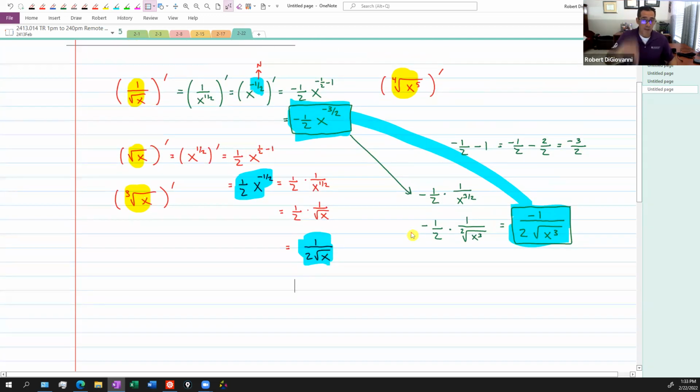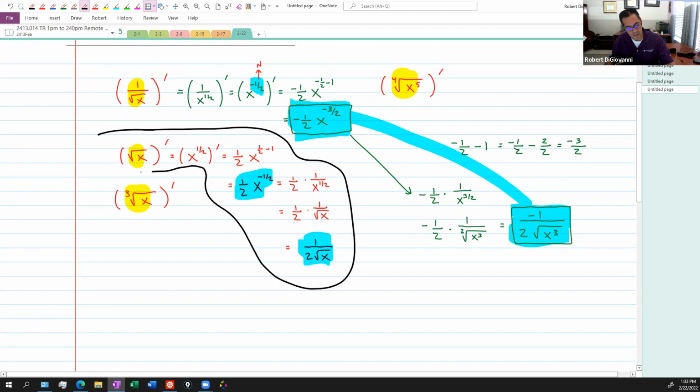Now, on this particular one that I just did, this is a very important one because it comes up a ton. We're constantly taking the derivative of square root of x in Cal 1 and Cal 2 and Cal 3. So here's what I'd like for you to do. I'd like for you to burn this into your brain, that if you take the square root of x and you take its derivative, the answer is 1 over 2 square root of x.